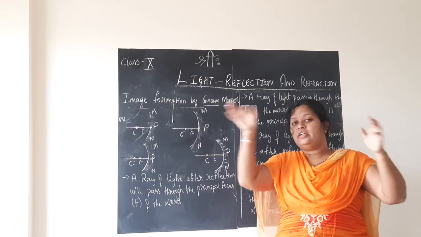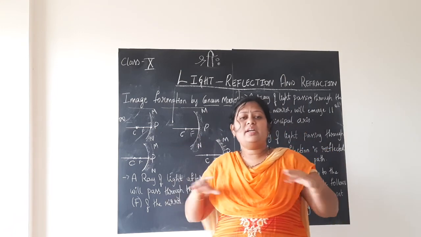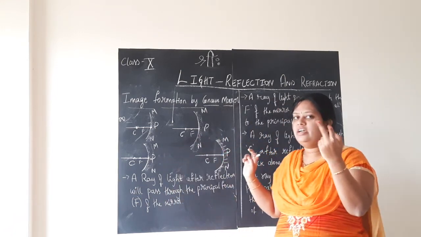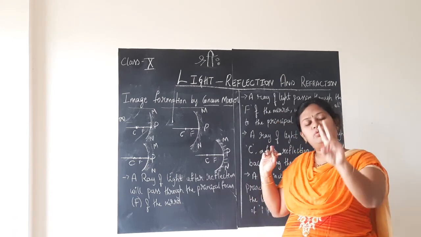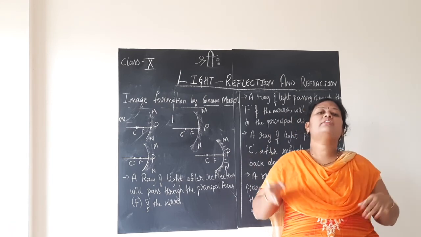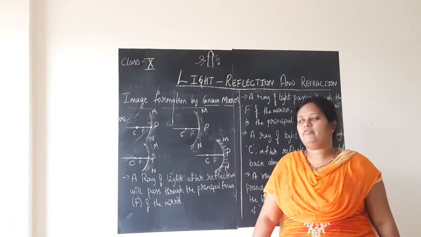You need not draw 3, 4, 5 lines. Don't make the figure look cumbersome. Let it be clean. Why? Because if you draw 2 incident rays and 2 reflected rays, that is sufficient for the image formation. That is the reason we will be drawing only 2 rays of light.